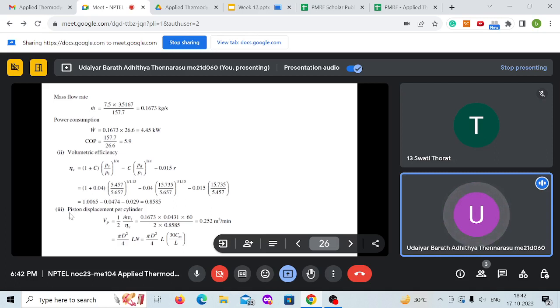Okay, so the piston displacement per cylinder will be, you have volumetric efficiency. Volumetric efficiency is your volume of the fluid divided by your swept volume. So swept volume is VE dot P, and this is equal to m dot by 2, because you have two cylinders.